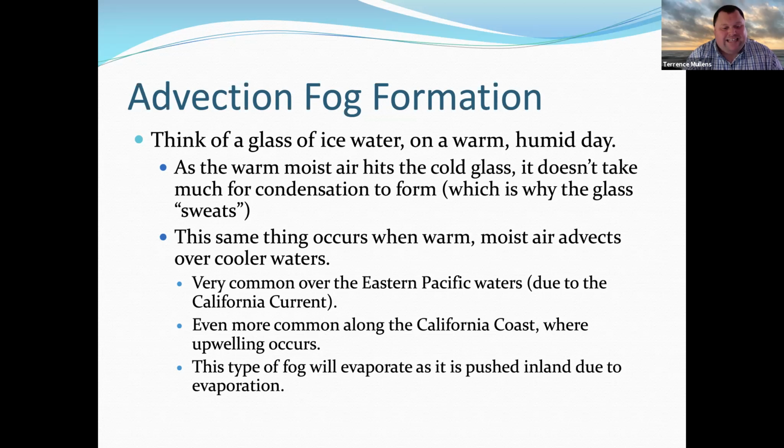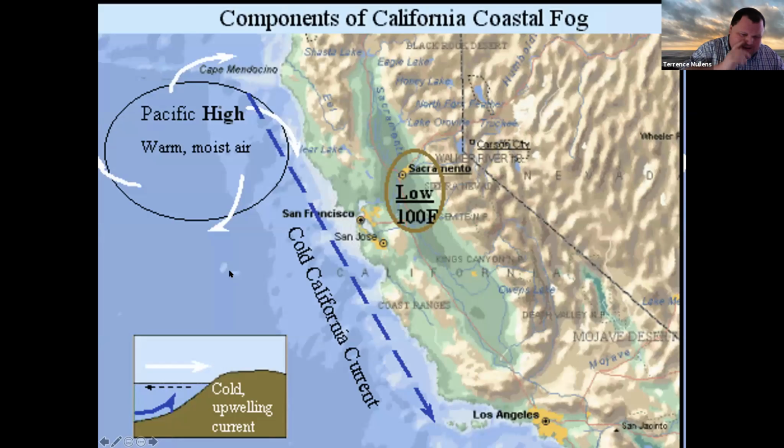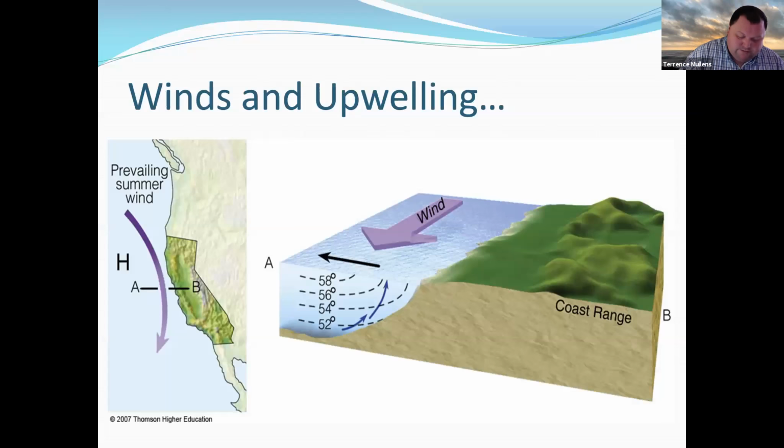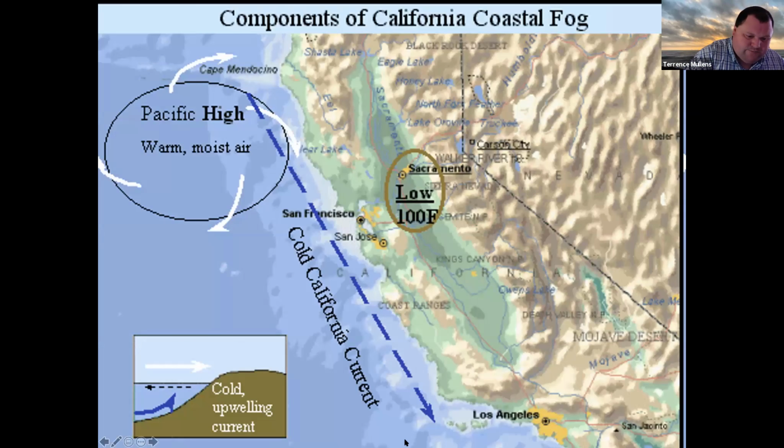So why is that? Well, it's because of what's called coastal upwelling. And here's how coastal upwelling works. So during the summertime, there's this big high pressure off our coast called the Pacific high pressure. Whoops, I'll go back up to that because I'm going to draw all over this.